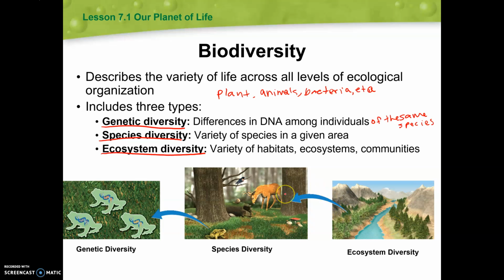If we move a little bit smaller, talking about one specific area, we can see there's many different types of species in this area: different trees, animals, bacteria, fungi, all of those are different species. And if we get even smaller to genetic diversity, we can see that within our population of frogs, each one of these is going to have different DNA amongst those individuals.